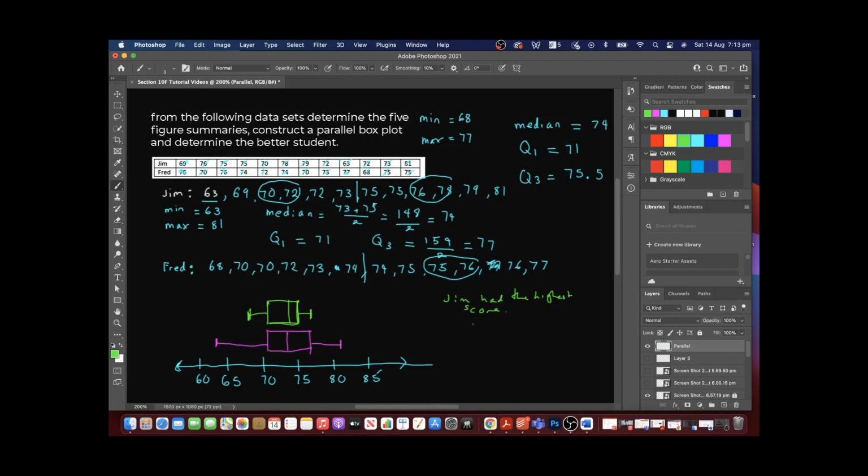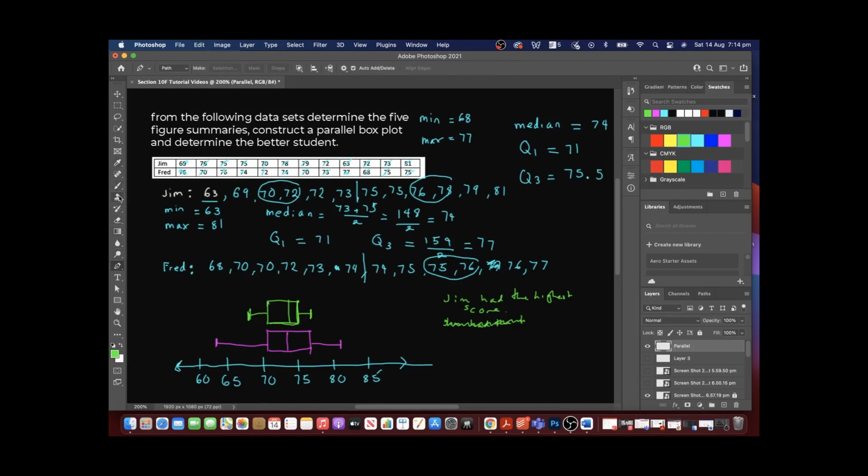And we can say as well that he also had the lowest mark. Oh, sorry. No, we can say that he didn't have the lowest mark. It's confusing to write these in different colors than what you're actually talking about.